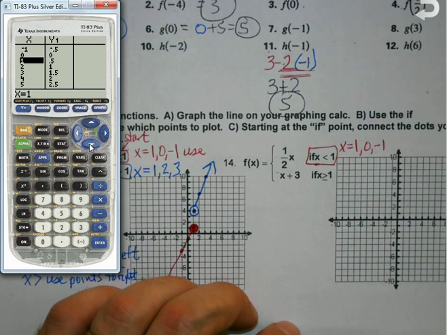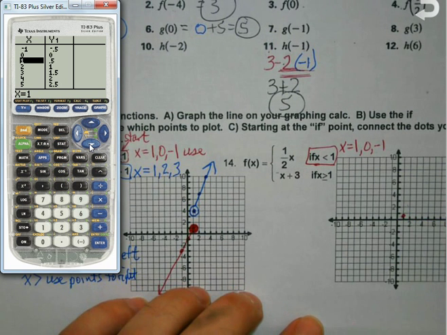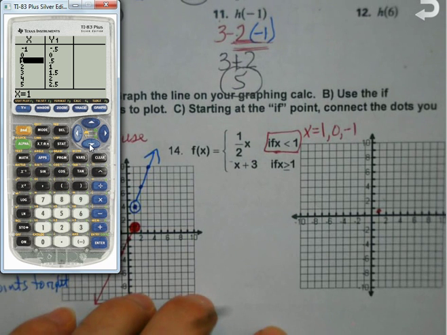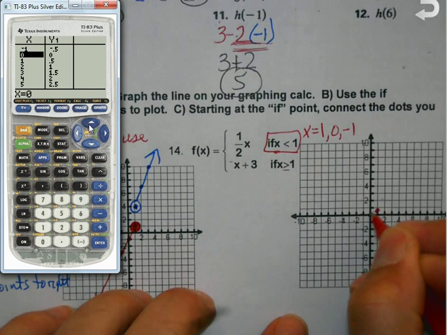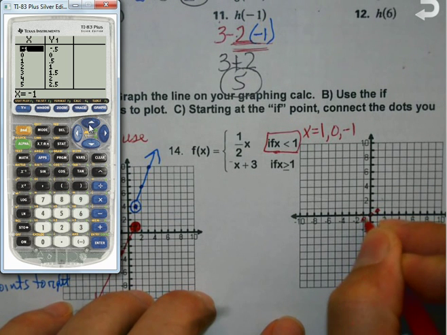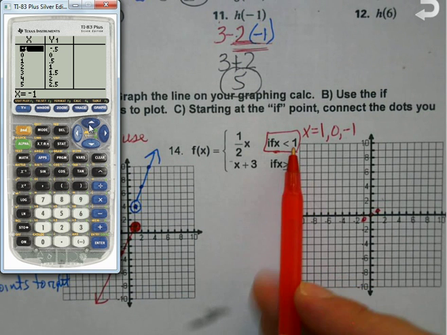So, start at 1, which is at 0.5, right in between there. Let me zoom a little bit here for some of you. Then I just work my way through. 0 is 0. Negative 1 is negative half.